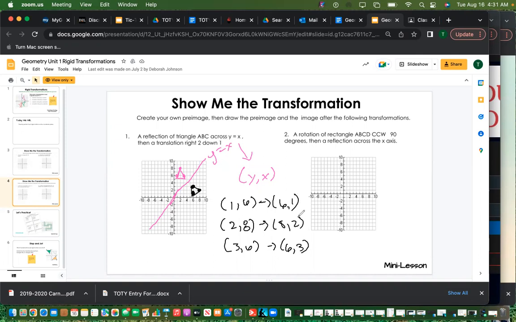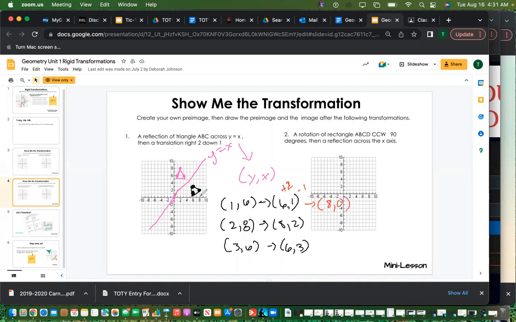So now that we've got this new image, we're going to perform another transformation. And remember, translation is just where you move something to wherever spot. So we're going to add 2 to the right and 1 down. So we're going to add 2 and then subtract 1. So 6 plus 2 is going to give me 8. I'm just going to write over here and then I'll erase in a second. And 1 minus 1 is going to give me 0.